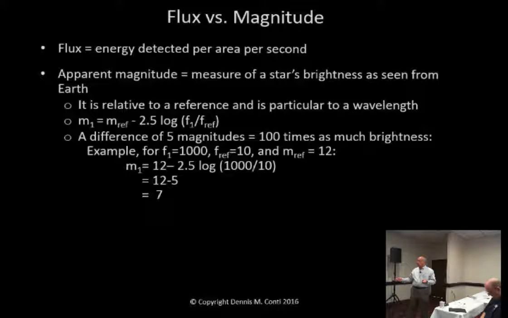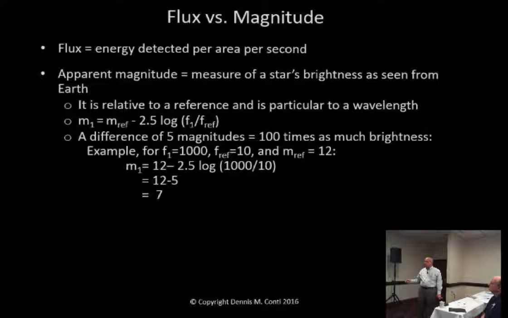So it's relative to a reference star and a particular wavelength, namely what filter. And this is the definition for it. It's a function of flux, the ratio between the two stars. And you can blame the Greeks for it, but a difference of 5 magnitudes is 100 times brightness. That was visually what the Greeks thought of, and that's stuck with us now.